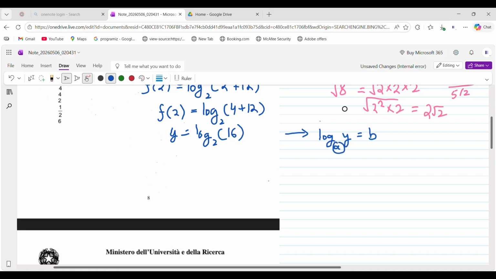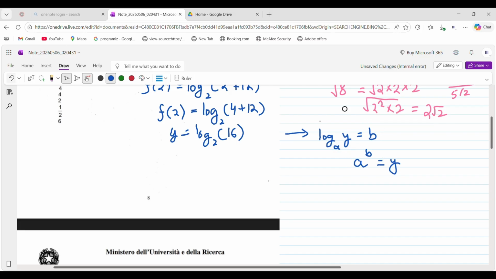The base that you have under your log would become the base, and its power would be this term, the number on the right hand side of the equation. So a power b, and y will be on the right hand side. Basically this is the property of log.